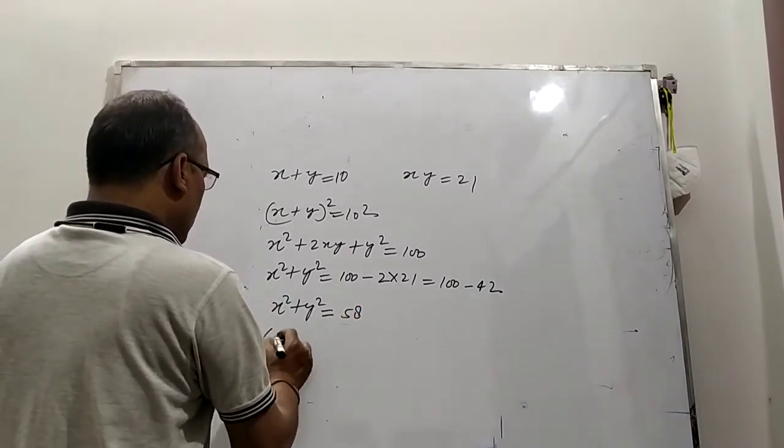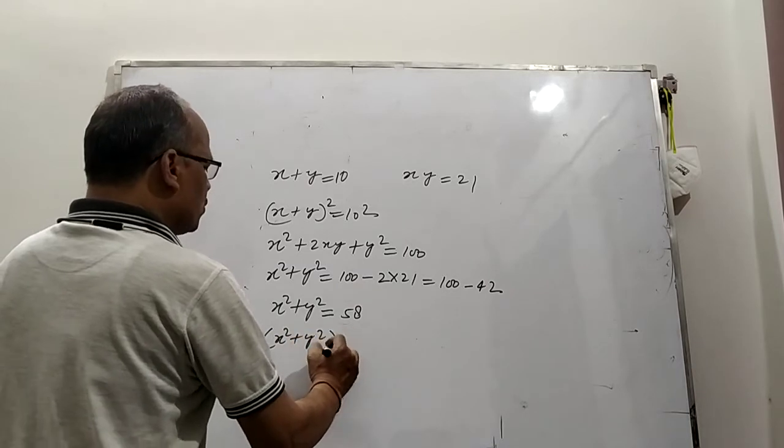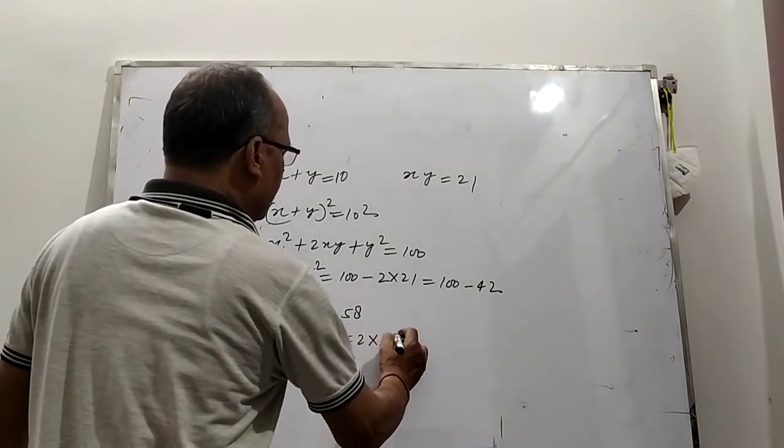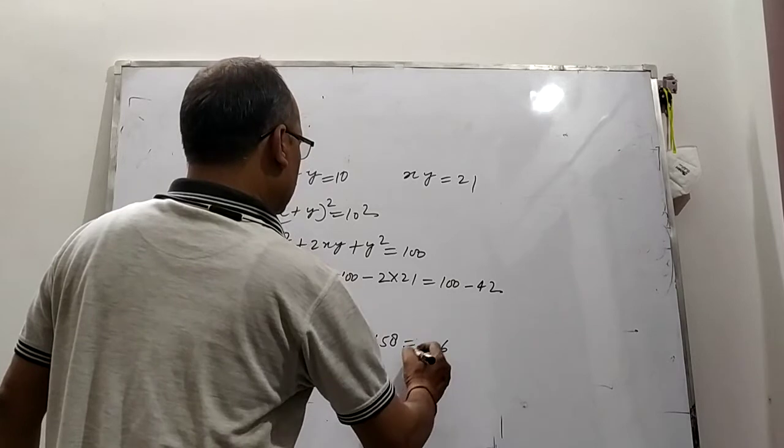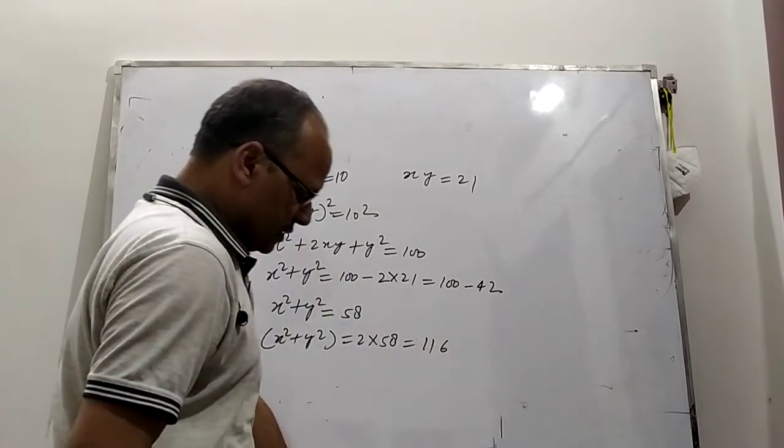So 2 into x square plus y square equal to 2 into 58 equal to 116.